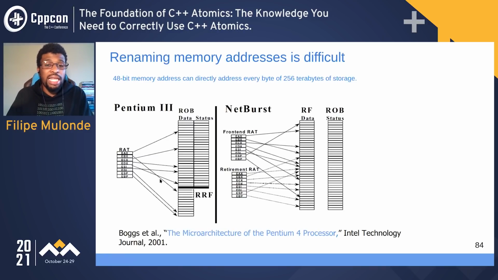Because the register alias table is small, we can use indirection to access the reorder buffer. But we cannot do that with memory. Why? Because we use a 48-bit memory address that can directly address every byte of 256 terabytes of storage, which means that to use indirection to access the reorder buffer, we would need a structure with 256 terabytes of entries. And we can't have that in a pipeline.